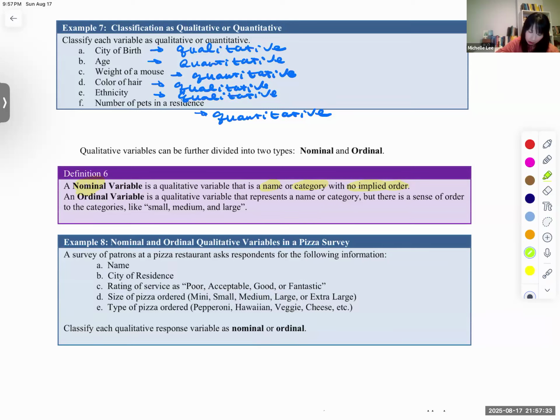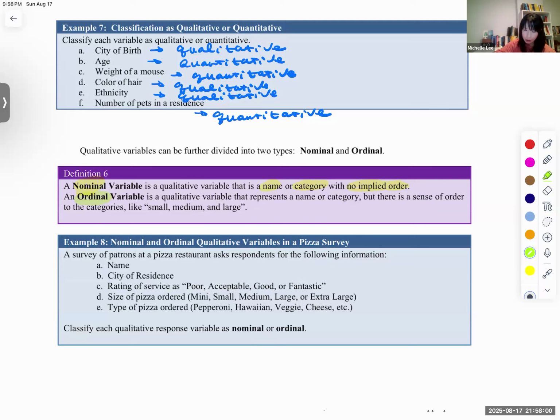Ordinal is qualitative and also represents a name or category, so it may be a little bit confusing. Let's think about that. Nominal, like from the name, right?